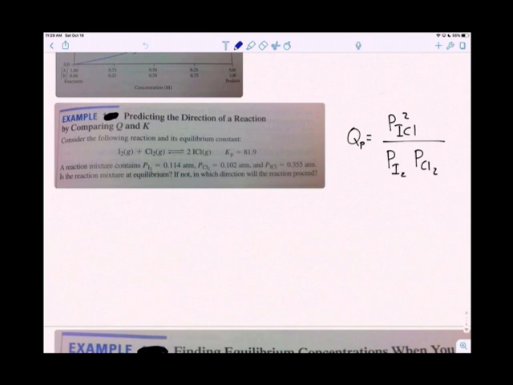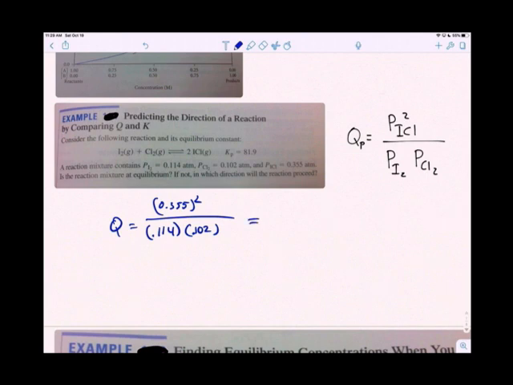The reaction mixture contains 0.114 atmospheres of the reactant I2, Cl2 at 0.102, also a reactant, all over the product, 0.355, and that's squared because there's a 2 in front of that.